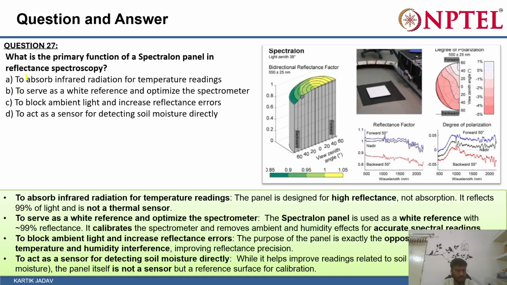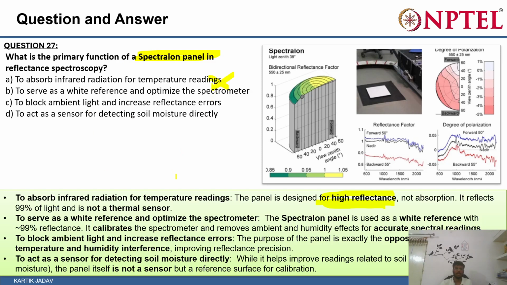Next question, question number 27. What is the primary function of the spectralon panel in reflectance spectroscopy? So we know that to absorb infrared radiation: the panel is designed for high reflectance, not for absorption. Okay, so this is incorrect.